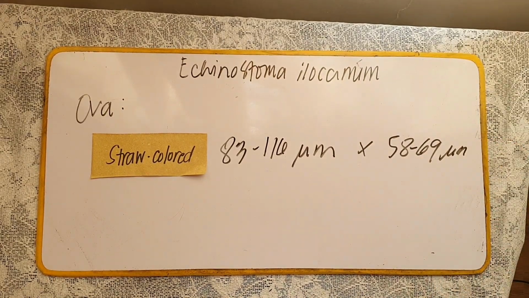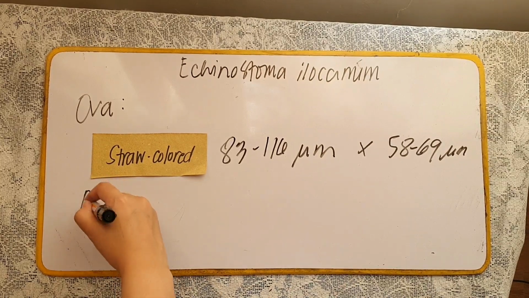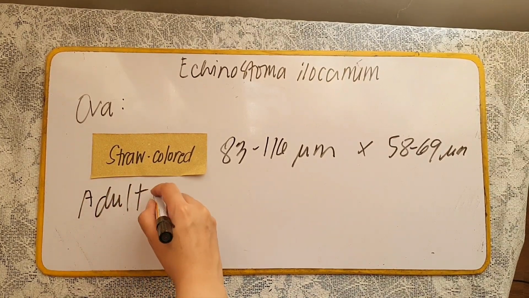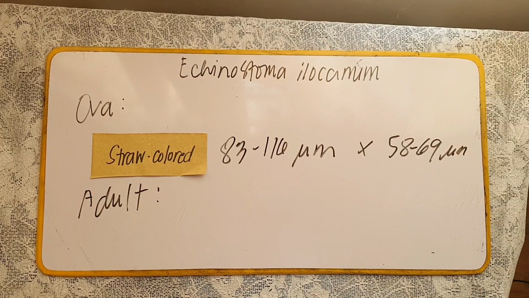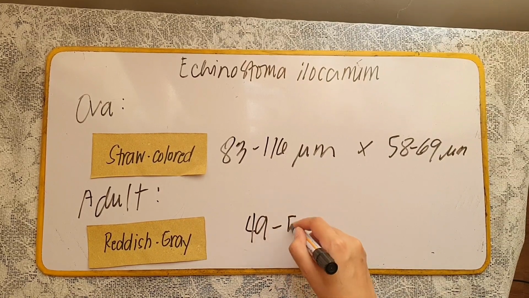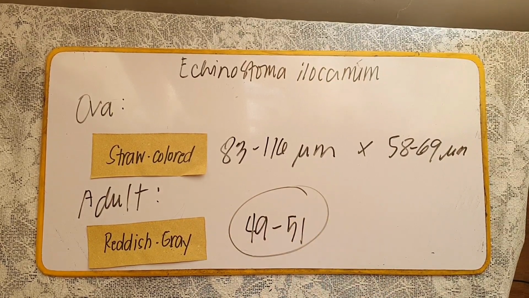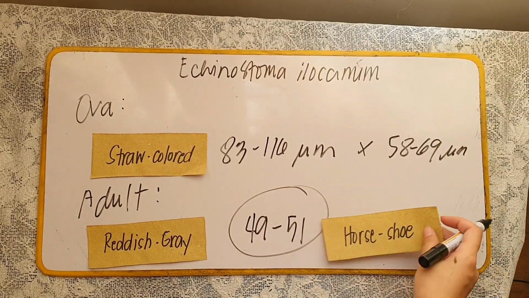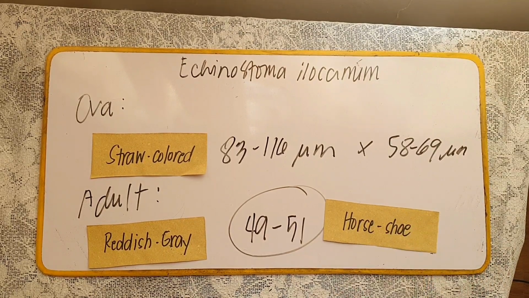As for the adult form of Echinostoma ilocanum, it is usually elongated and reddish gray in color, with 49 to 51 horseshoe-shaped collar of spines surrounding the dorsal and the lateral sides of the oral sucker.